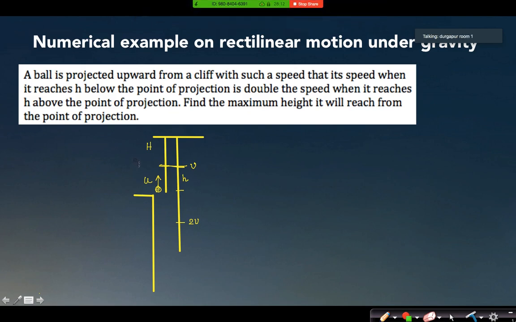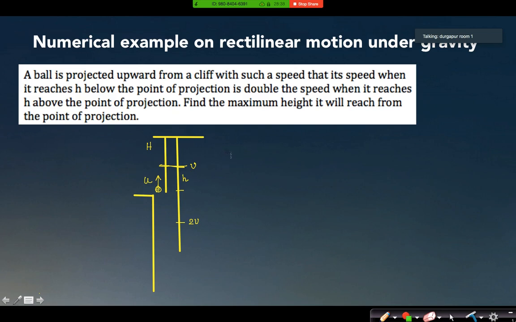Look here, first, after seeing the question, you should think that there are three equations that we can use with constant acceleration motion, but there is no information of time given in this question. So if you cannot find any information of time, you can always use the third equation of motion, right?